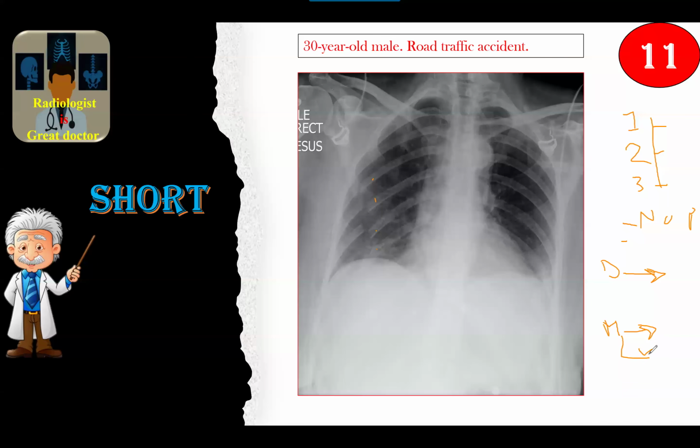And of course, urgent referral to the chest MDT. Even if you are not sure, this is a direct indication of urgent CT scan to confirm the suspicion of a flail chest. Very good.